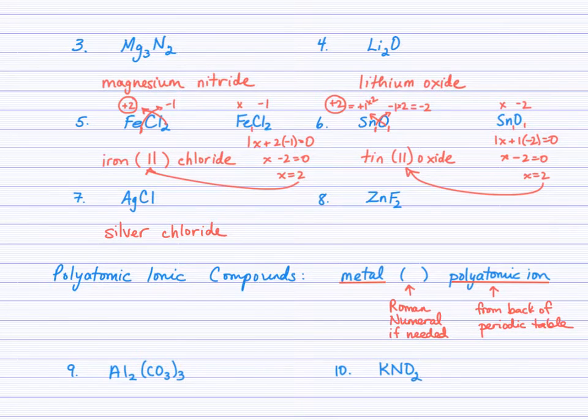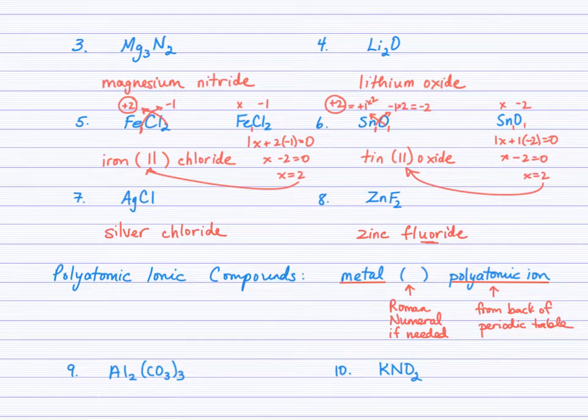It never has any other charge. The reason that we had iron 2 chloride was that in a different compound it might have been iron 3 chloride. Iron has a couple of different charges. So to finish this up, we'll have zinc fluoride. Watch your spelling of fluoride. It's a U-O.